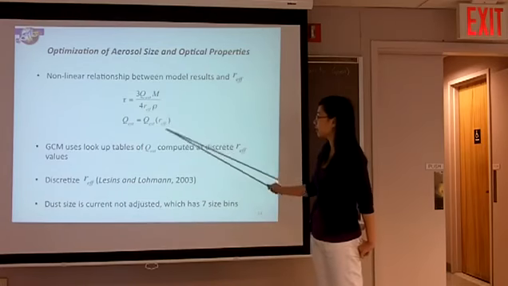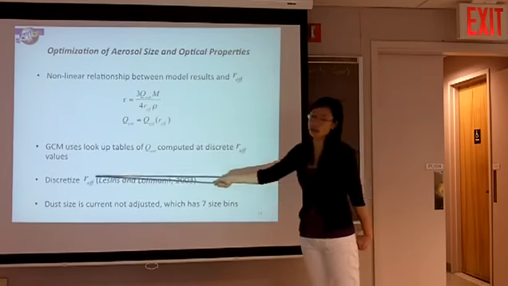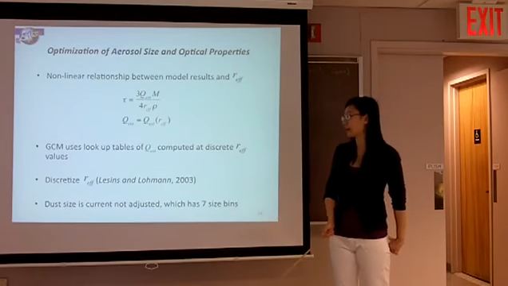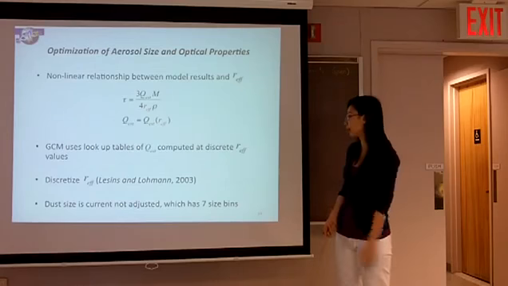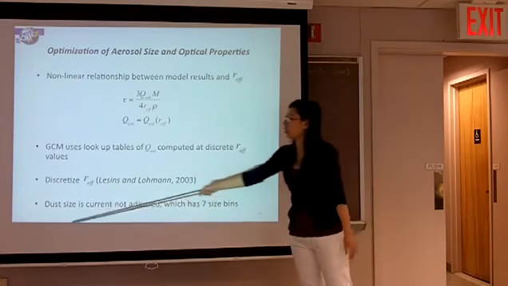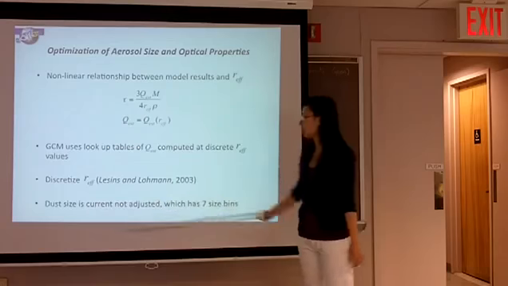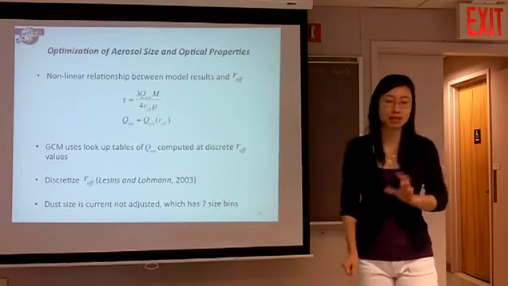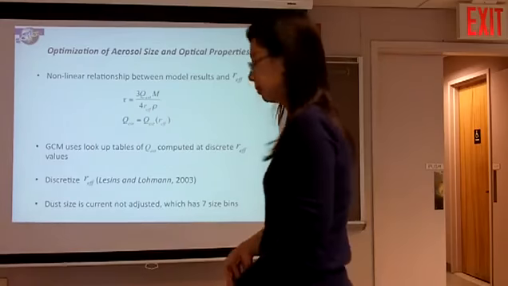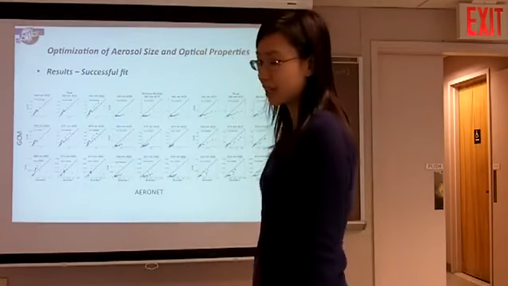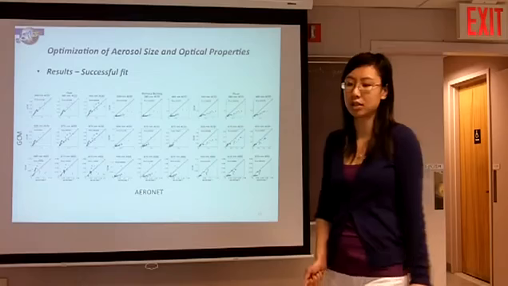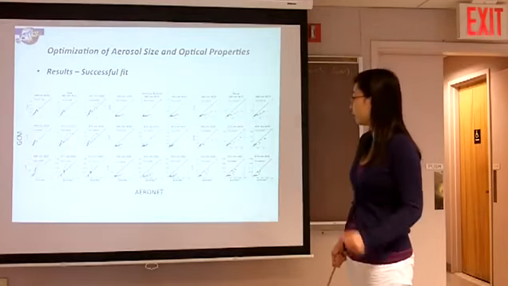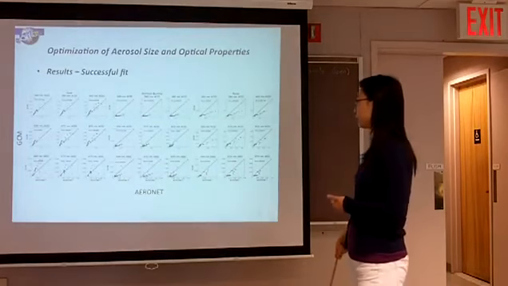In solving for the effective radius, we use discrete values of the radius based on its original value. Currently, we haven't adjusted that size because it already has 7 size bins, which allow some flexibility here. So that's the idea of adjusting the size and also the fraction of absorbing and non-absorbing aerosols.